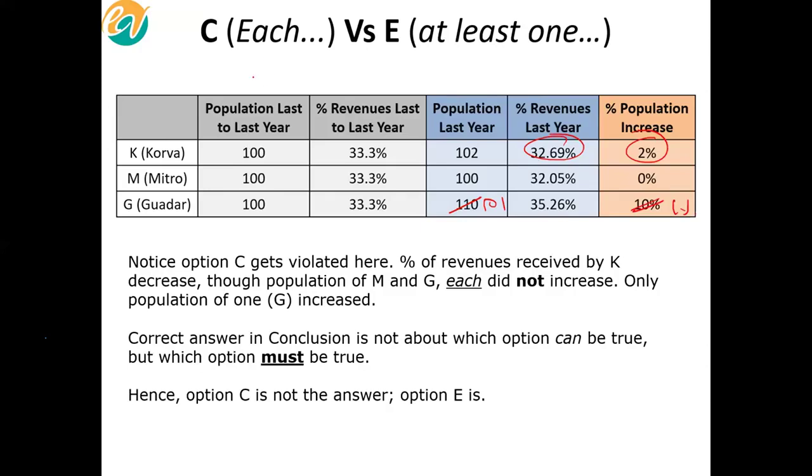Look, 100, you mean here or here? Last year population. Okay, you mean this one. This is population last year. Oh, this is last to last year, by the way. One second. So instead of this, you want me to take this as 2. Okay. All right. Then, one second.